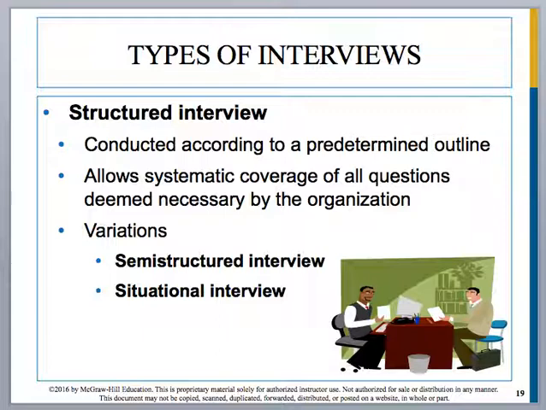You have a semi-structured interview that will use an outline but may allow some ebb and flow, some adjustments where you may not have to go down the list. A situational interview is where I may present a certain scenario and try to gauge how well you can solve the problem and provide a solution, and so on.